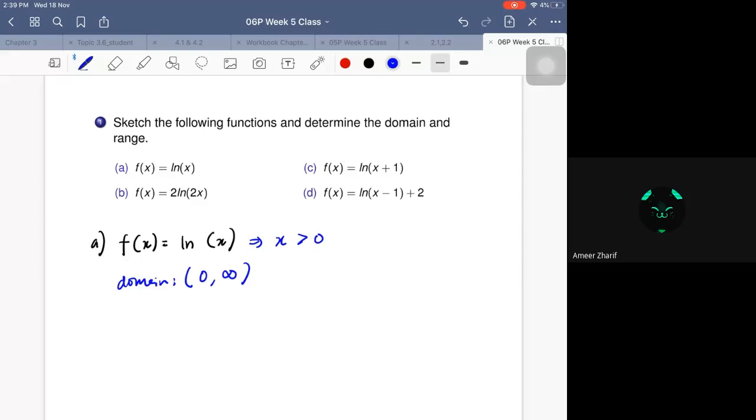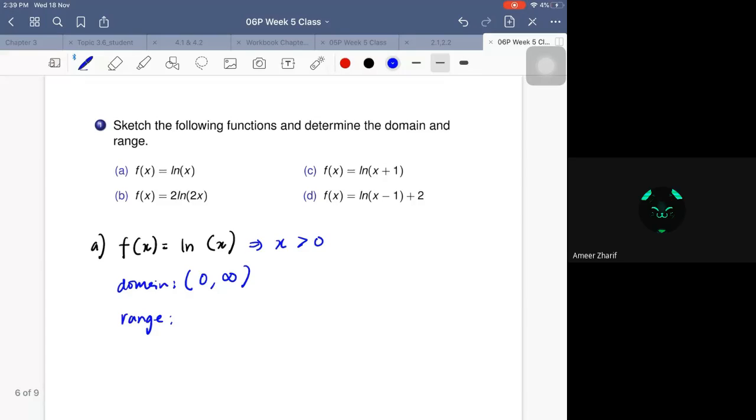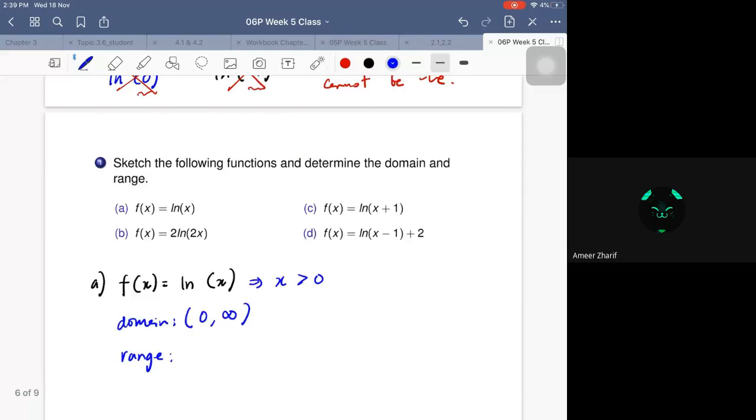And what is going to be the range? If you use your calculator and find log of 0.001, or log of 0.5, you will get negative values. You can use either ln or log. Both of them are going to give you a similar thing. The numbers might be different, but they are both going to be negative.